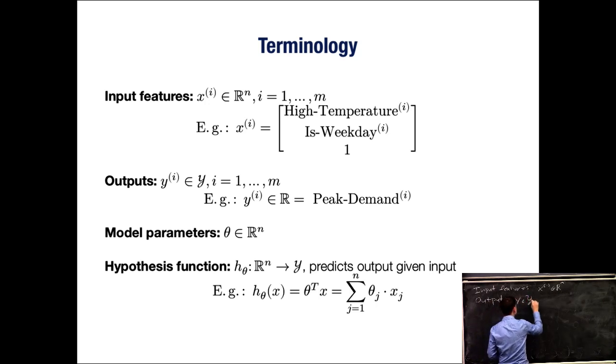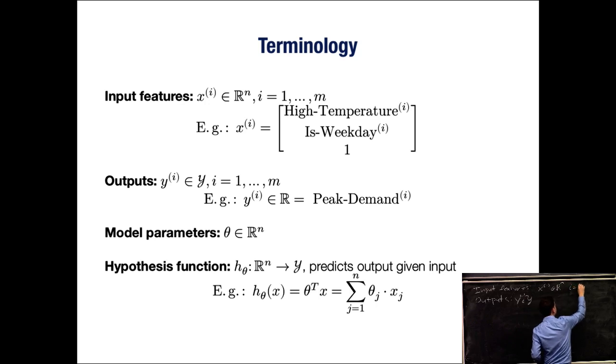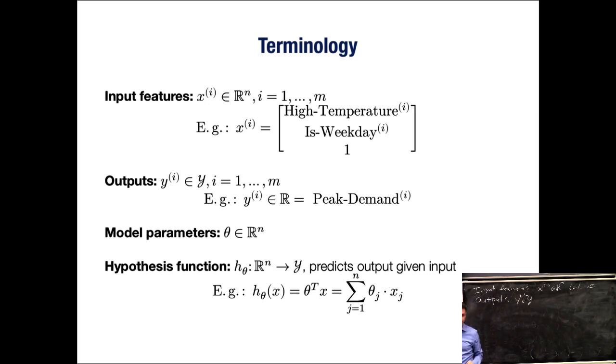We also have outputs, y. These are going to be in some space Y, and I'll call them y_i. I should also say that in all cases here, i is going to vary from 1 to m. So importantly, m is always going to be the number of examples we have in our data set, whereas n is the dimensionality of each input to the algorithm.